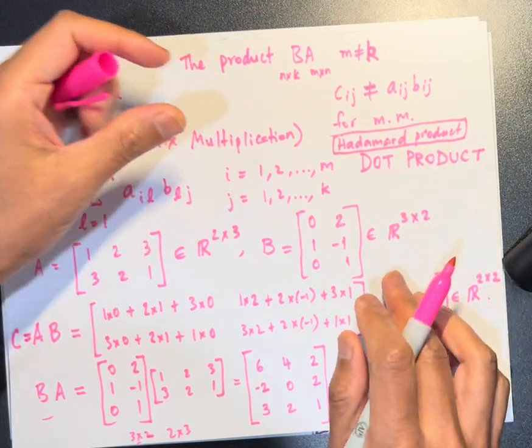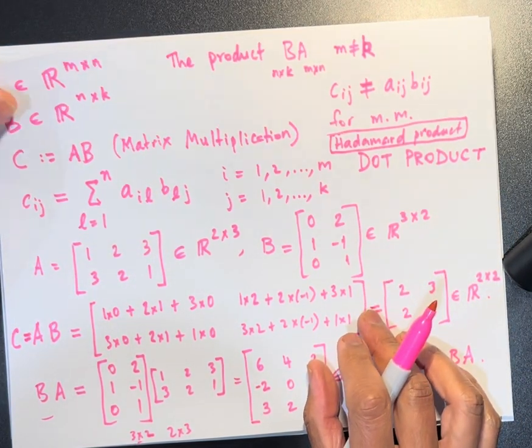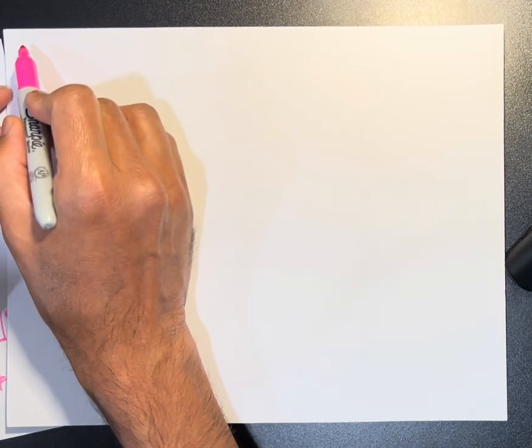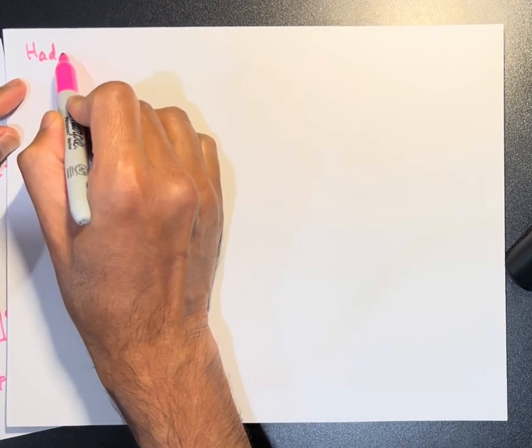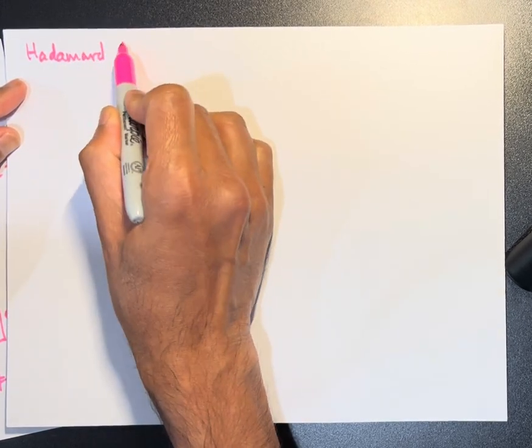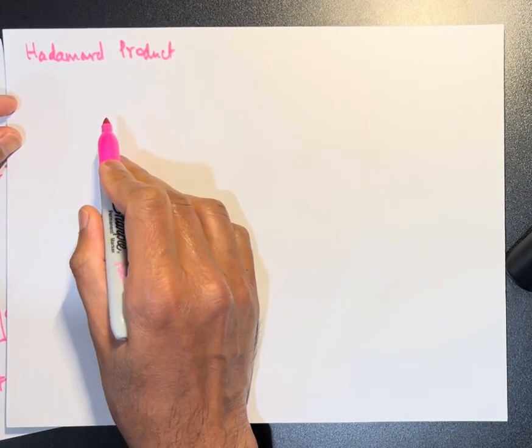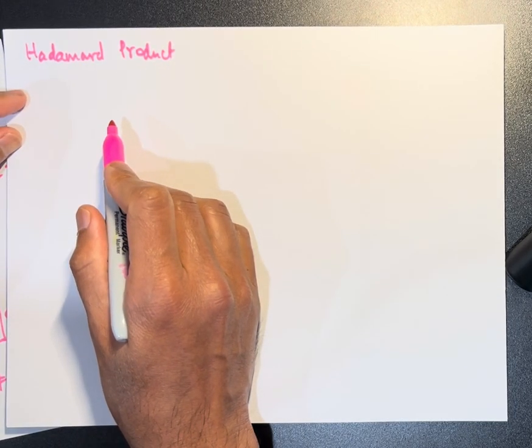Okay, so let me maybe explain with an example what this means, right? Where we have the Hadamard product, right? They are not talking about this in the book here. Hadamard product, right? Element wise multiplications, right?